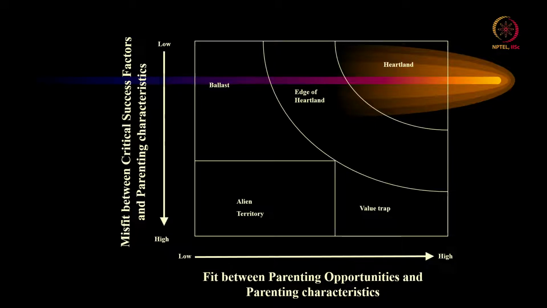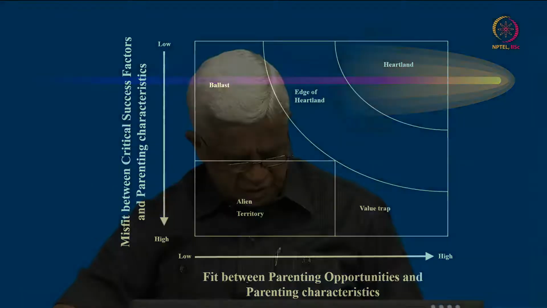These heartland businesses present opportunities for improvement by the parent, and the parent understands their critical success factors well. Therefore, these should have priority for all corporate activities. So, this is the first, topmost here on the right hand side.